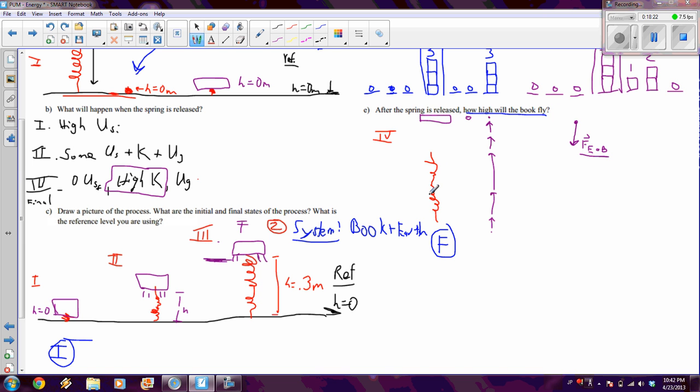So here's our final state. This is our initial position, what's actually causing it to fly that high. So let's make one more bar chart here. We have gravitational, kinetic, and elastic potential.